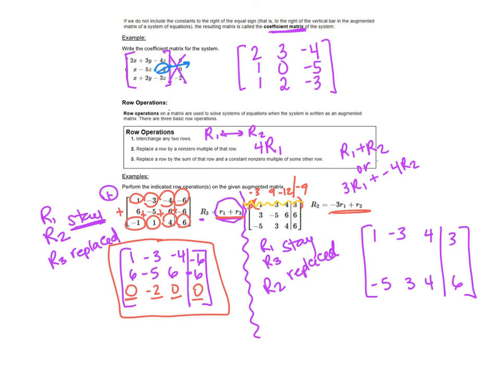I'm going to use my -3 times row 1 to add it to row 2. So -3 plus 3 gives me 0. 9 plus -5 gives me 4. -12 plus 6 gives me -6. And -9 plus 6 gives me -3.